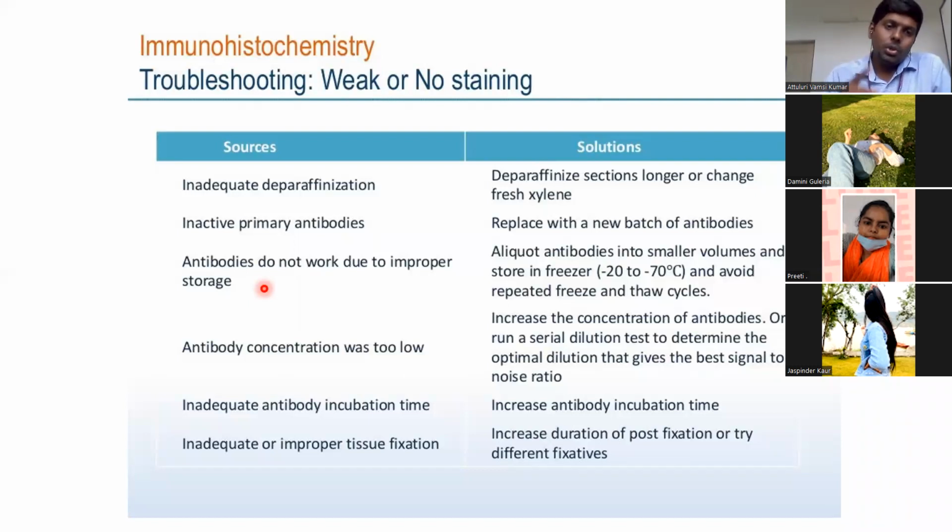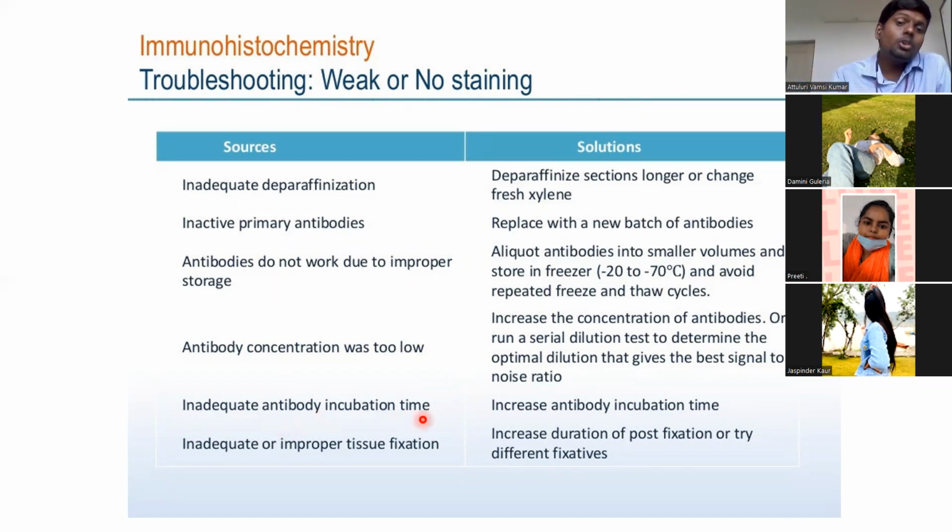You may have kept the antibody reagents at improper temperatures. Antibodies are really sensitive. If you subject antibodies to high temperatures, they will easily get destroyed. Keeping antibodies frozen is very important. Another reason is the antibody concentration is too low. The level of antibodies we are taking is too low, that's why they didn't bind.